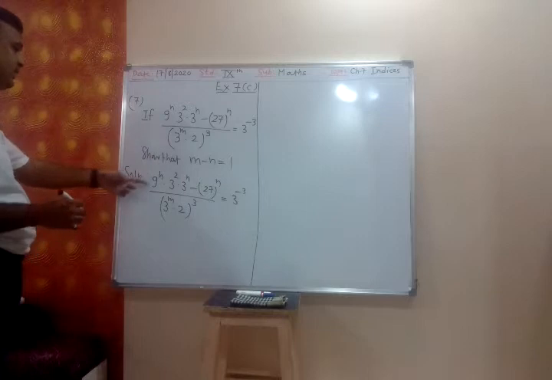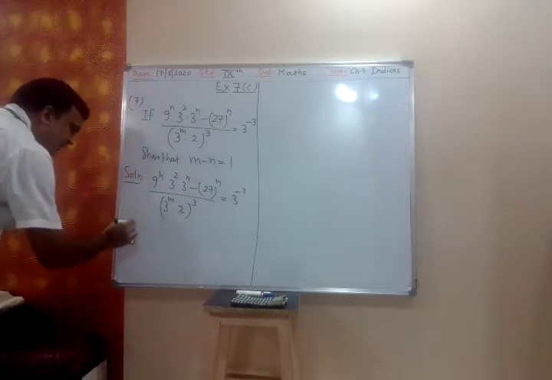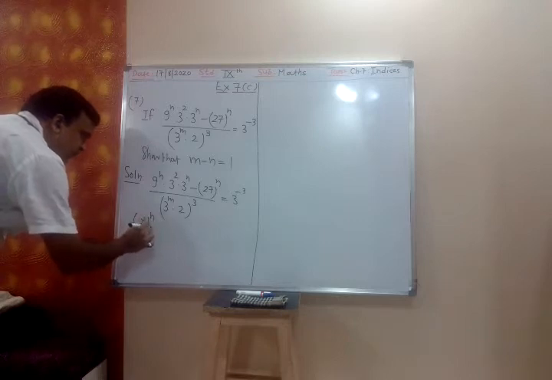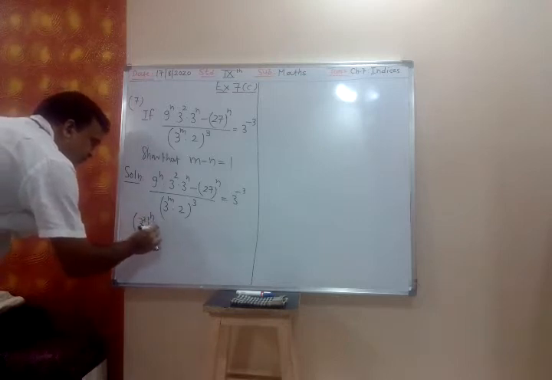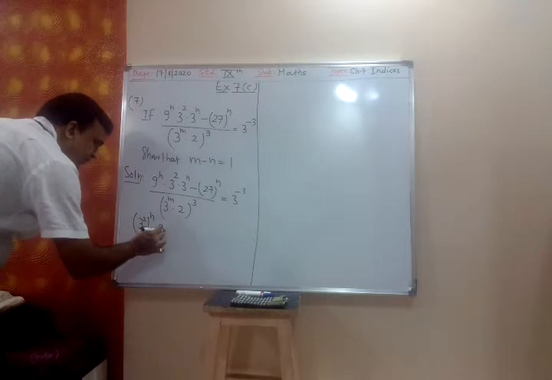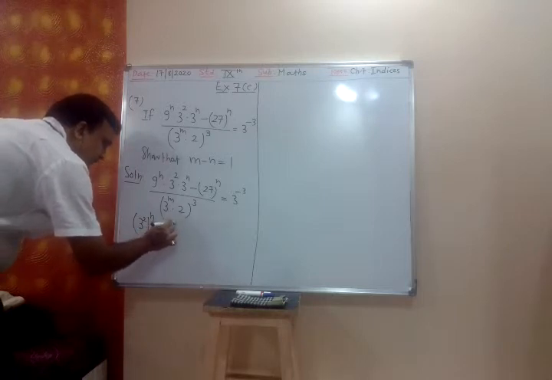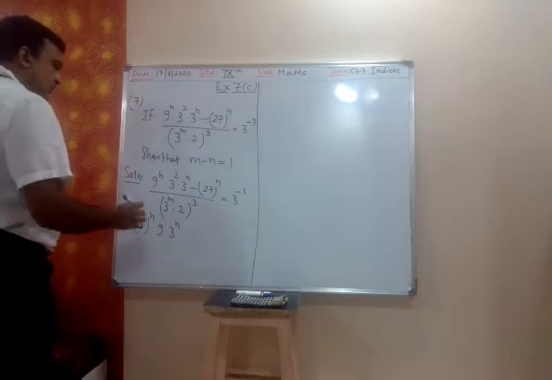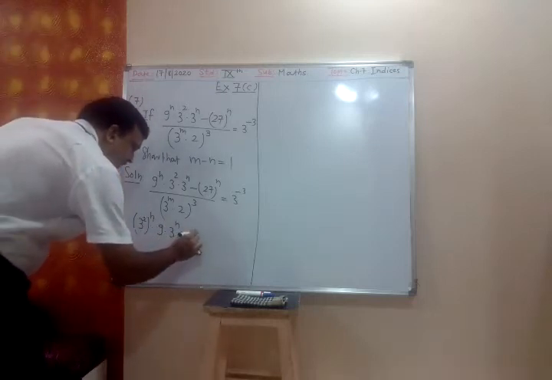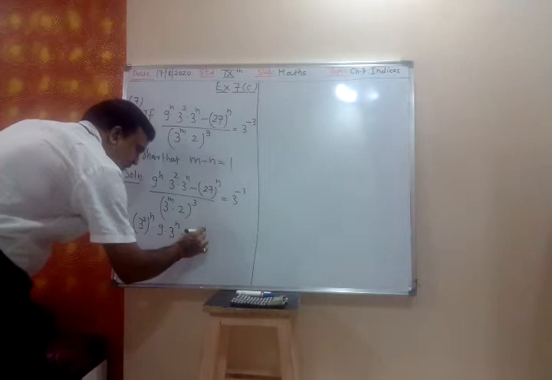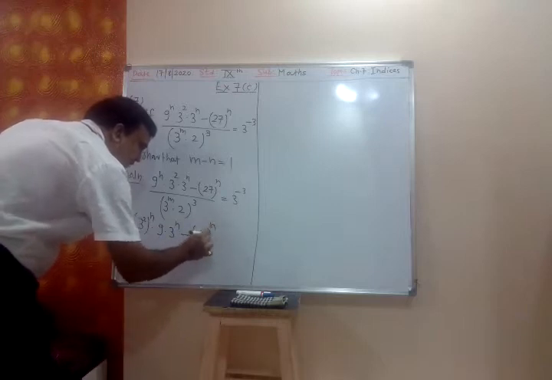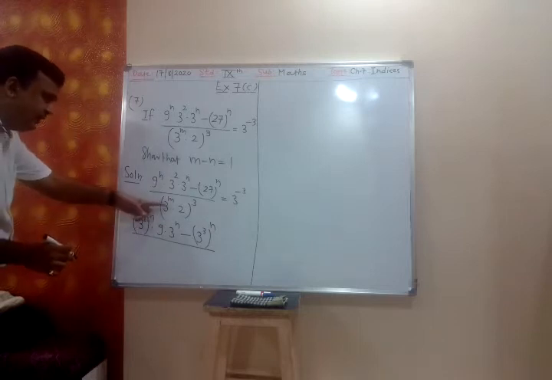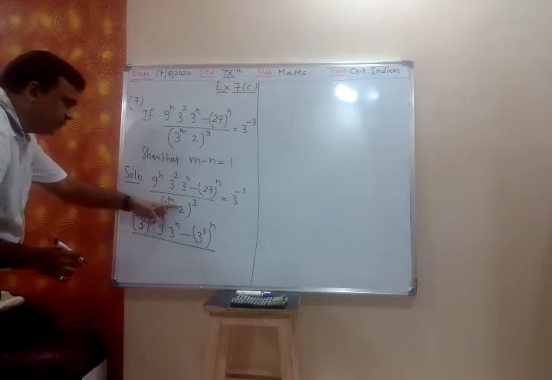So we just simplify. We write 9 as 3 to the power 2, raised to n. Then 3 raised to n minus 27 raised to n, we can write 3 raised to 3, raised to n, upon 3 raised to m into 2 raised to 3.